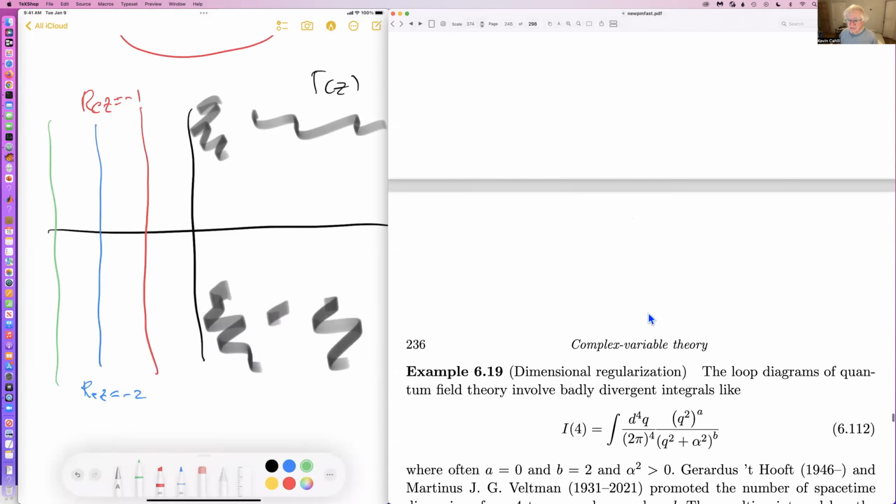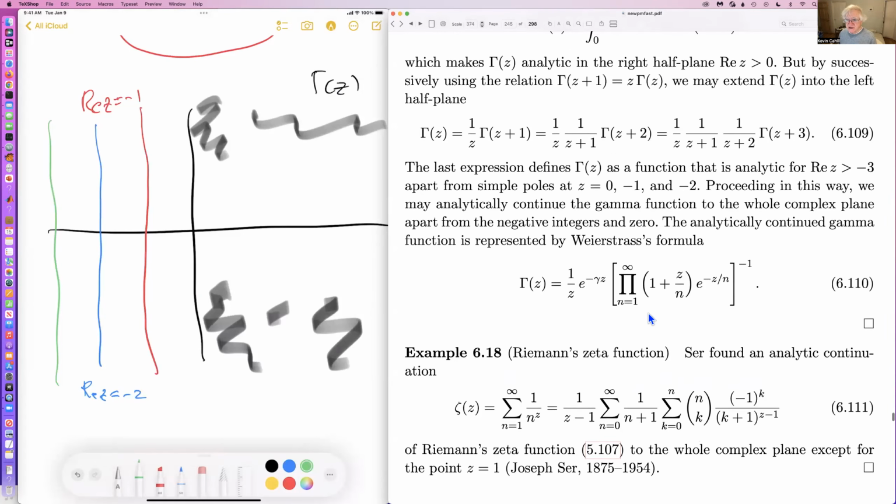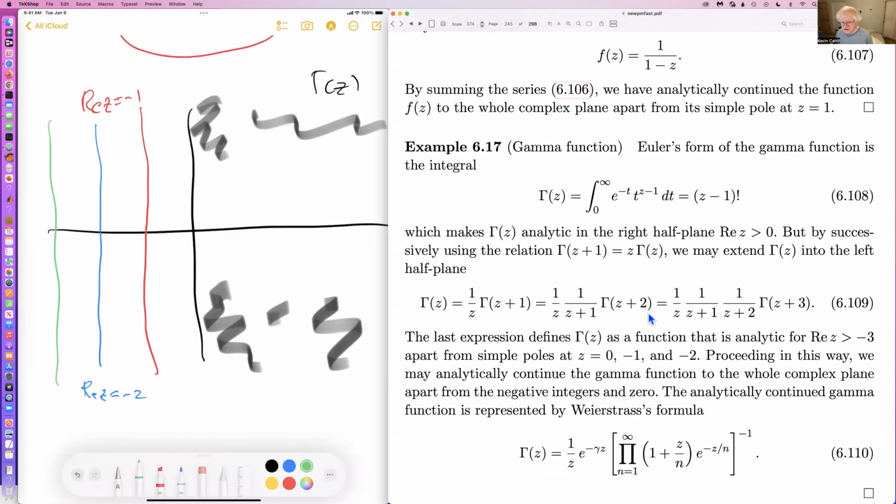And the upshot is that the gamma function then is defined throughout the whole complex plane, except for singularities, and the singularities are 0, -1, -2, -3.